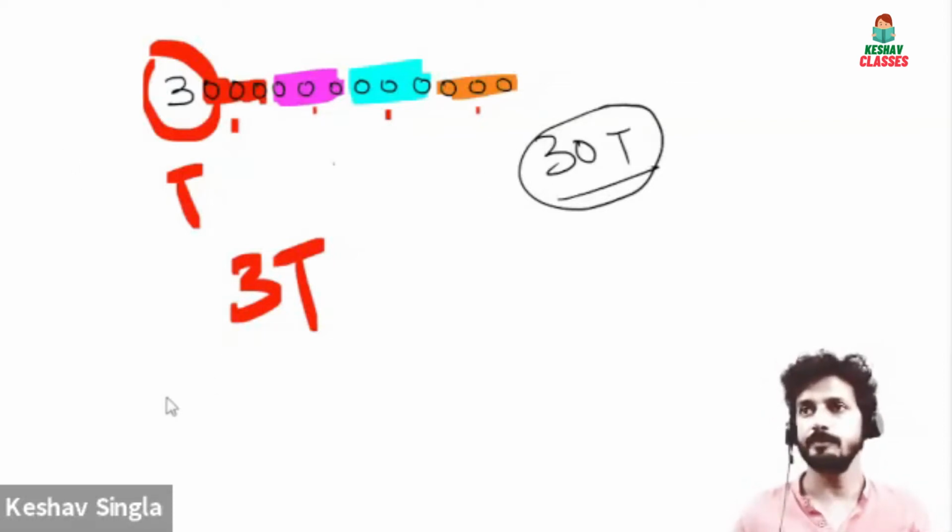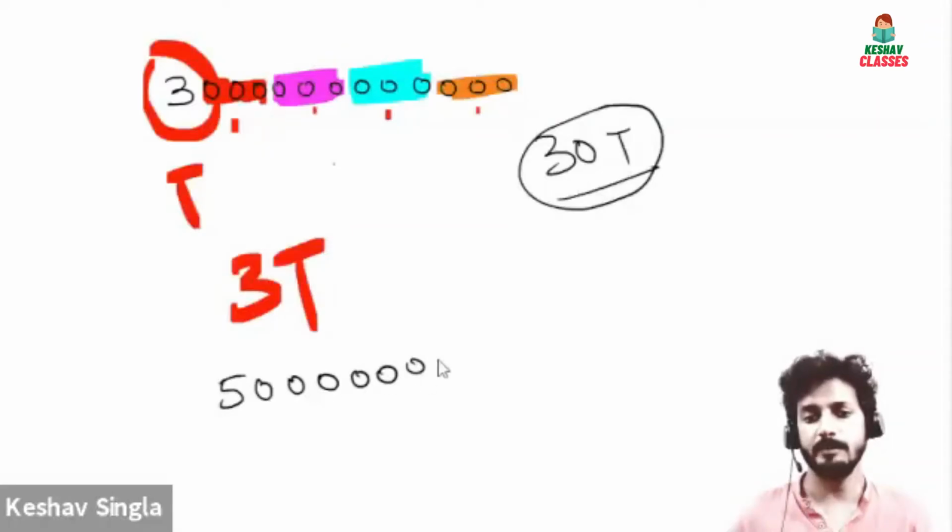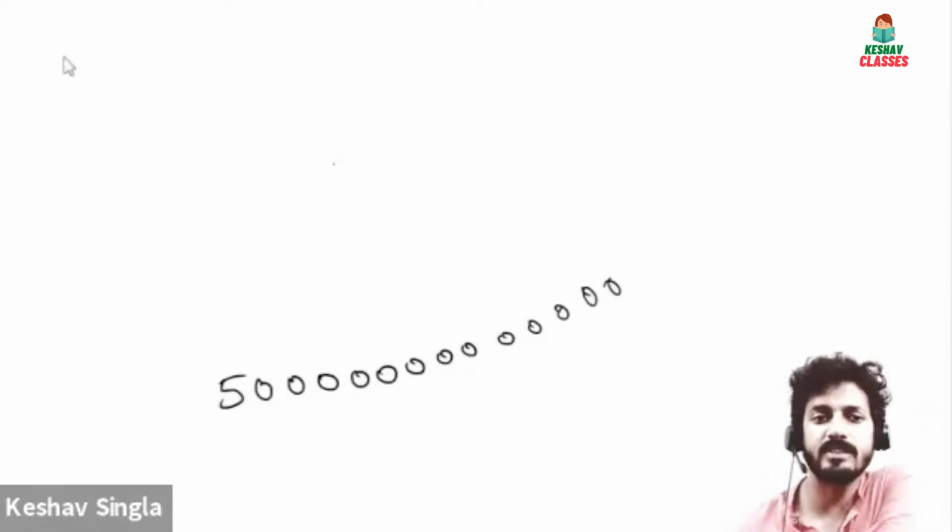Okay, another one? Sure. Just say a number, any one digit. 5. Okay. Now you can say stop anytime. Stop. So let me just write it down for you.